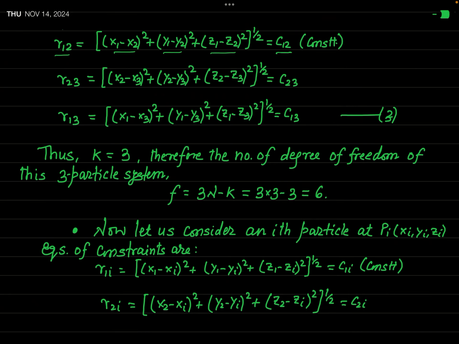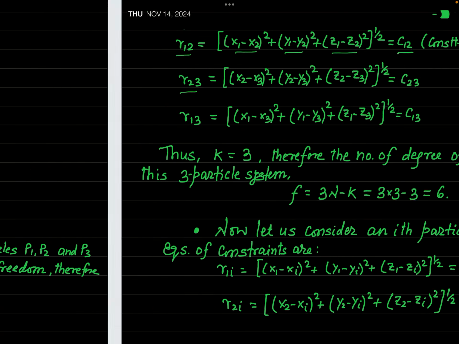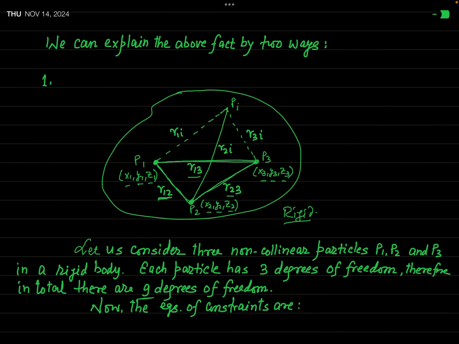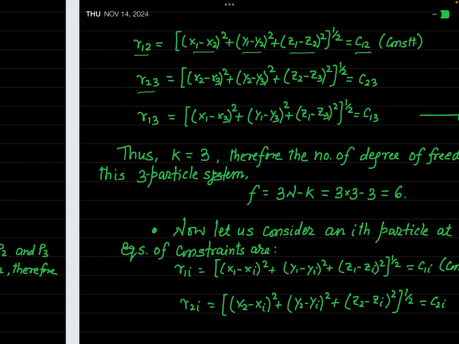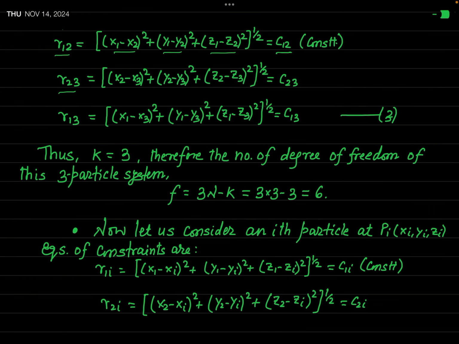Okay. Now again, for the distance between particles 2 and 3, the coordinates of point P2 are x2, y2, z2 and that of P3 are x3, y3, z3. So this distance R23 will be equal to the square root of (x2 minus x3) square plus (y2 minus y3) square plus (z2 minus z3) square, and that will be equal to C23.